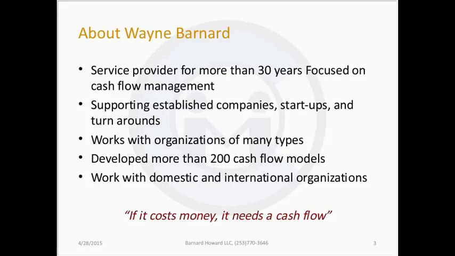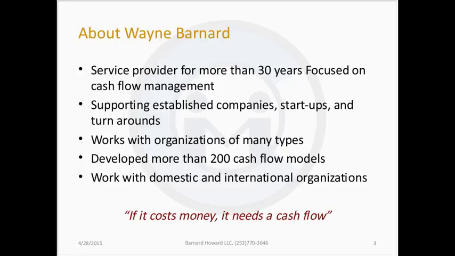We find that many projects run into trouble, and if they have good cash flow forecasting, they can stay on top of the project. So in that realm, I've worked with a variety of companies, from very small to very large, from geographically based in the northwest of the United States to around the world. We've worked with companies in Turkey and Egypt and Singapore.